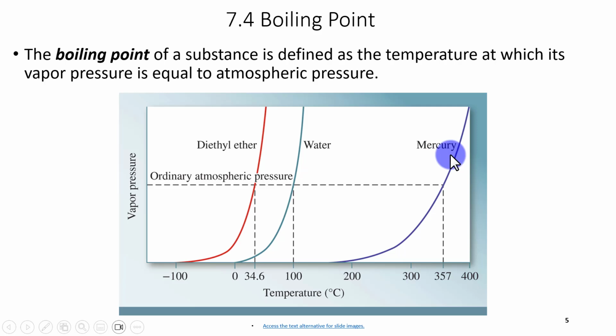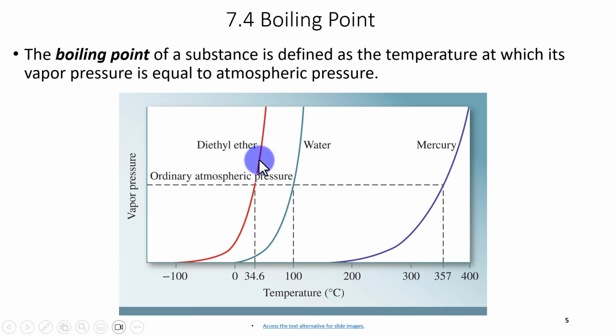Now, once again, we can determine the type of intermolecular forces that exist in diethyl ether, water, or mercury, and that will also tell us why diethyl ether has the lowest boiling point versus water versus mercury. Well, it has the lowest boiling point because this molecule really is nonpolar.